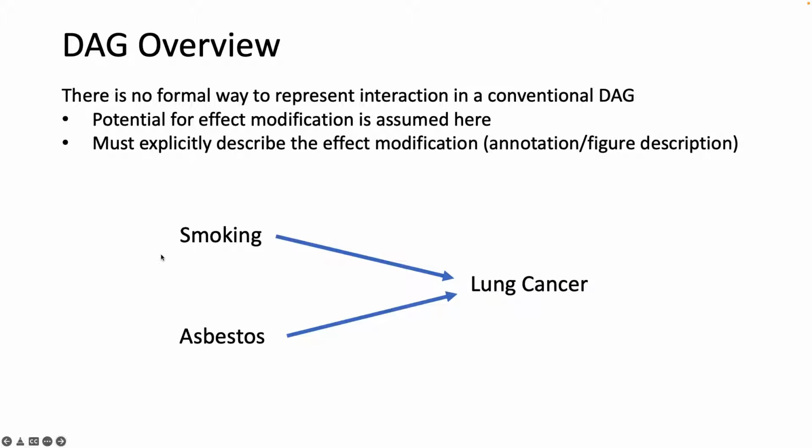If you don't make that known through annotation or in the figure, the reader can assume there's no interaction. But if you do annotate, either in the DAG or in the figure description, then that's where you show that there's an interaction happening. Unfortunately, there's no formal way to do that as far as anything written.